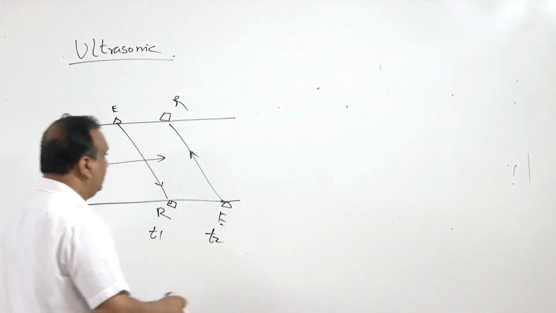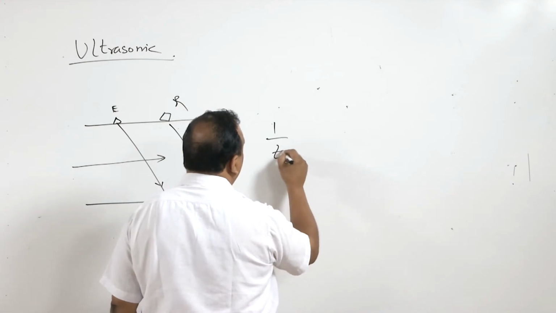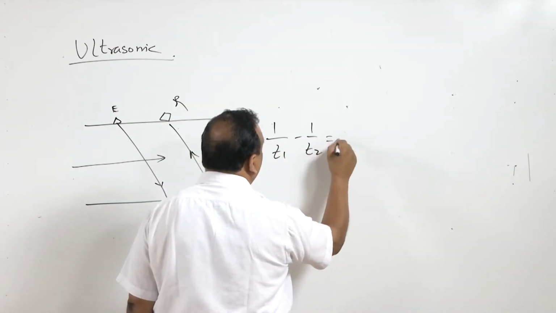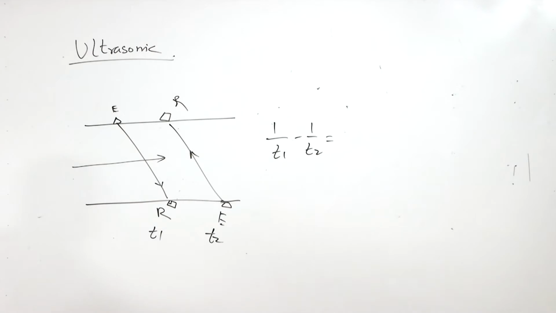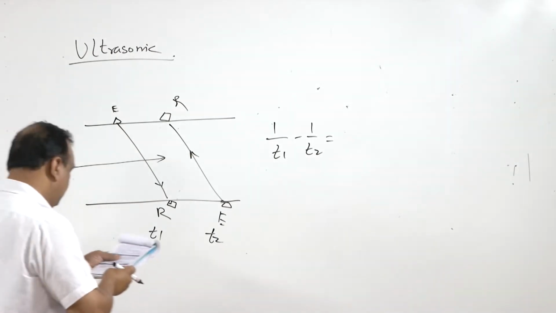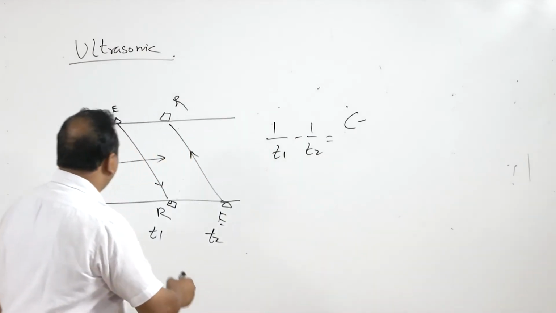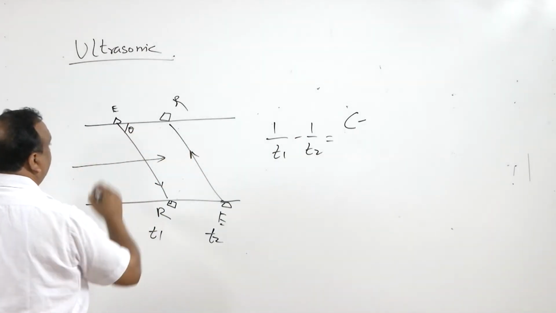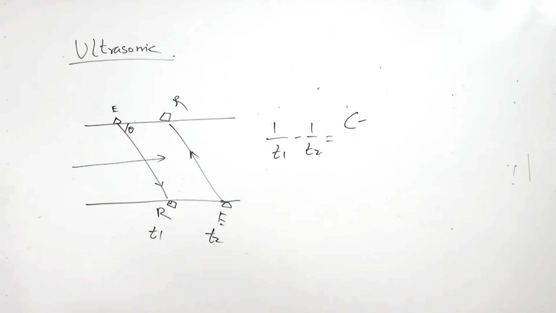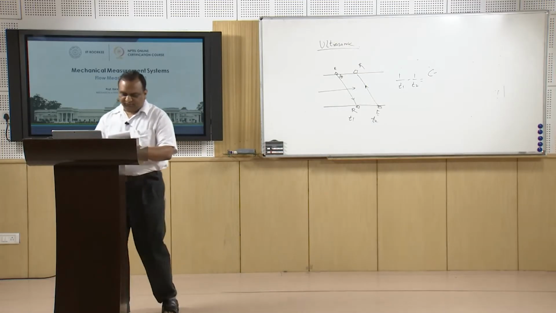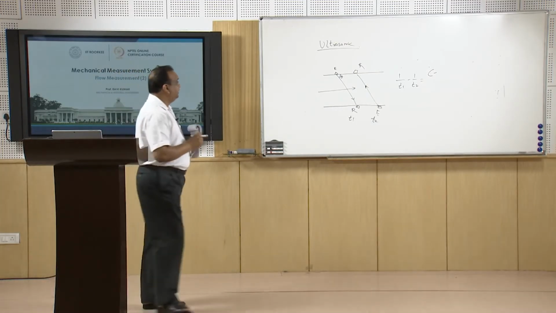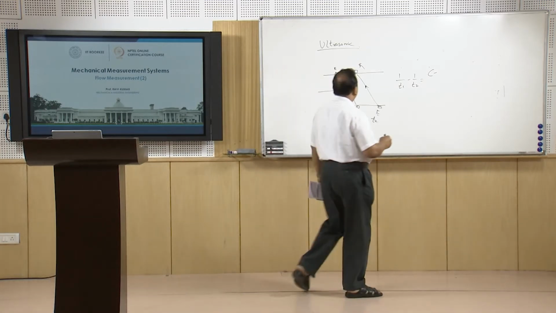Then 1/t1 minus 1/t2, the difference, is going to be c. Suppose this is theta, right? So we will take the horizontal component of this.